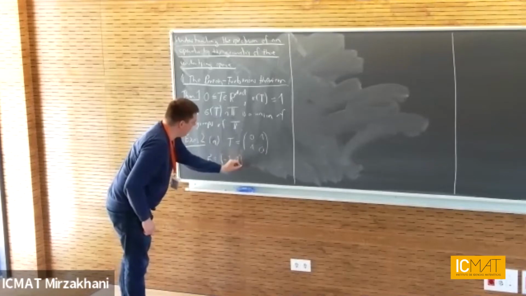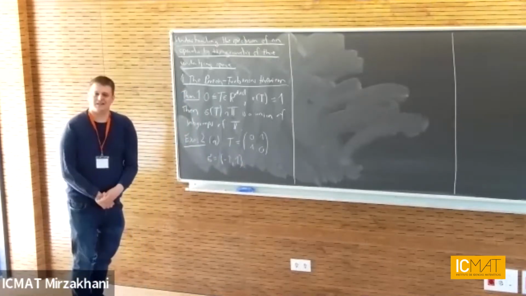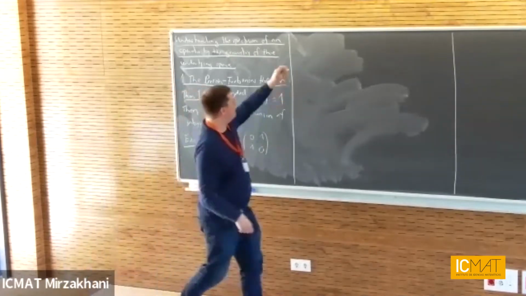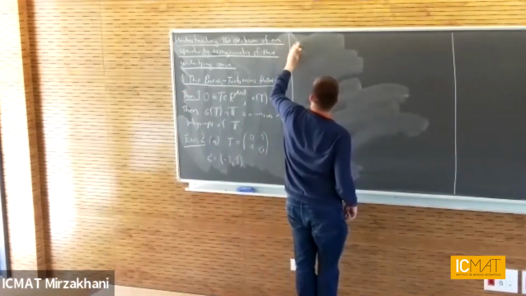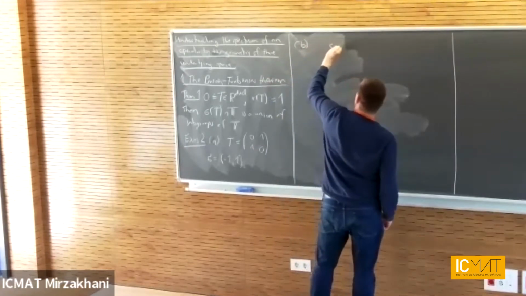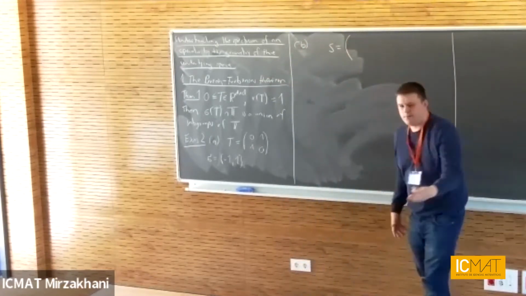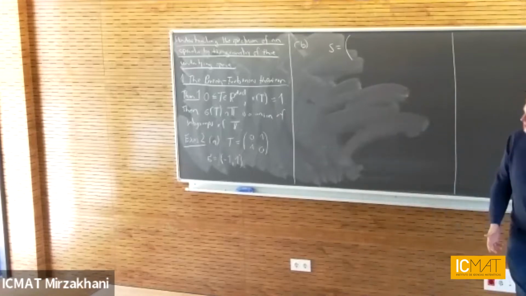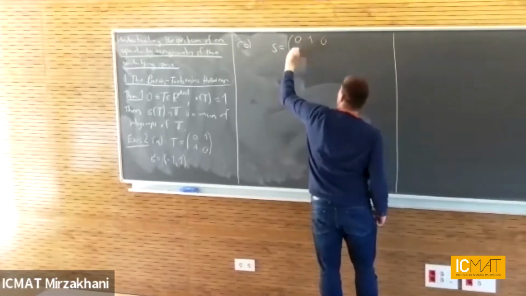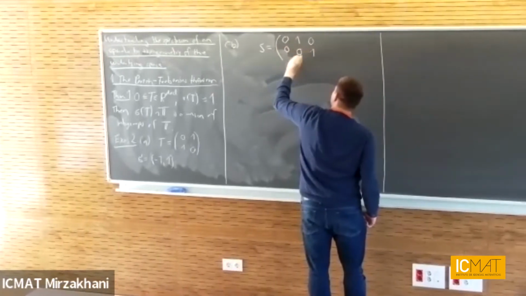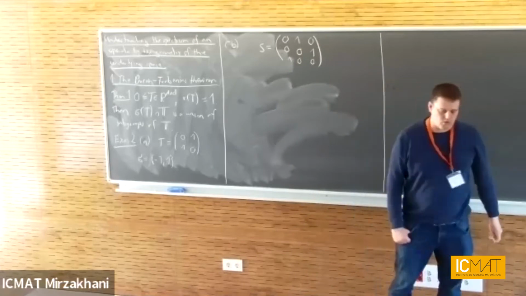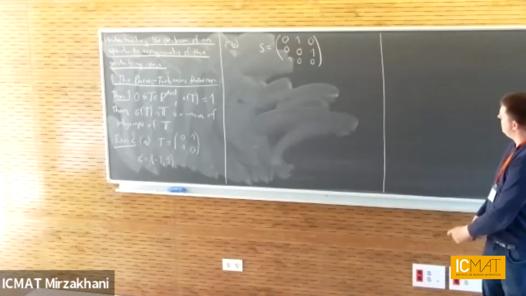Okay. Now let's go slightly further, take 3 dimensions. What's a nice 3-dimensional example? Part B. Let's call this matrix maybe S. Let's take another permutation matrix of a cyclic permutation. For instance, this here. That's a permutation matrix belonging to a 3-cycle on 3 dimensions.